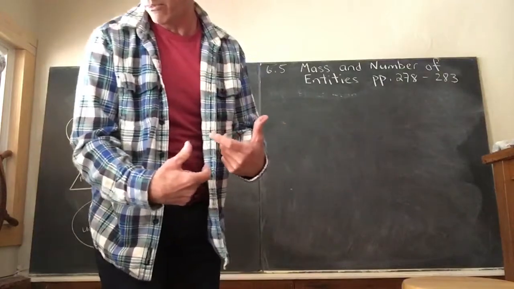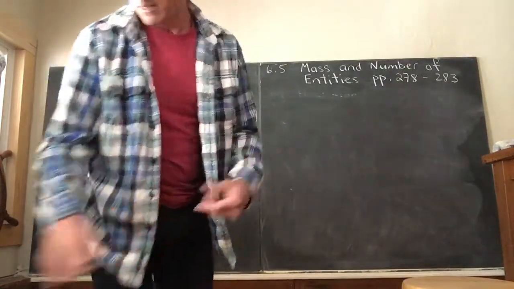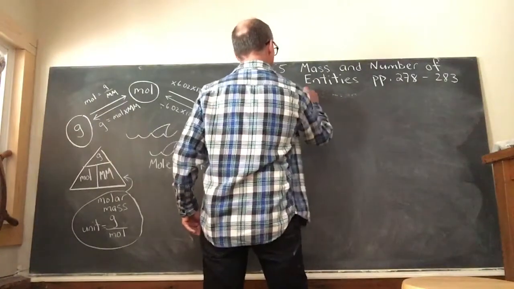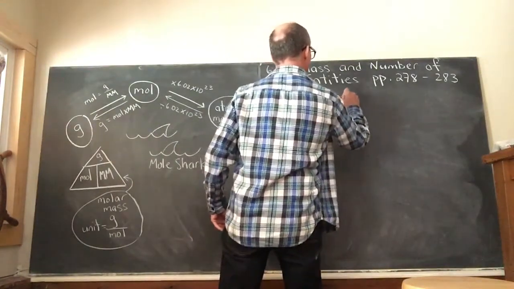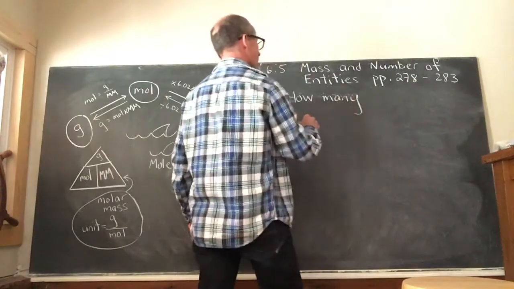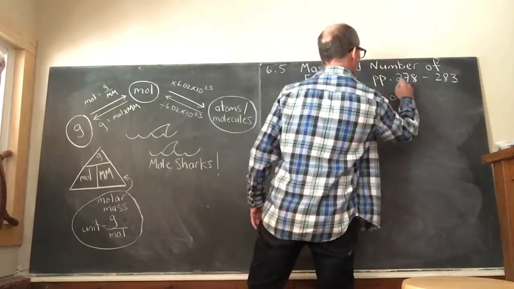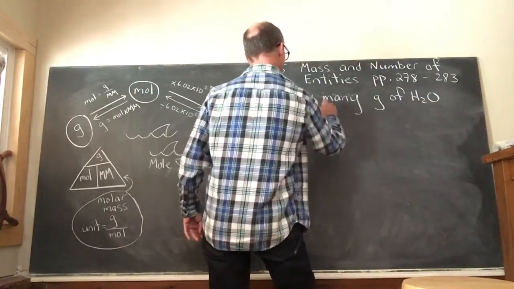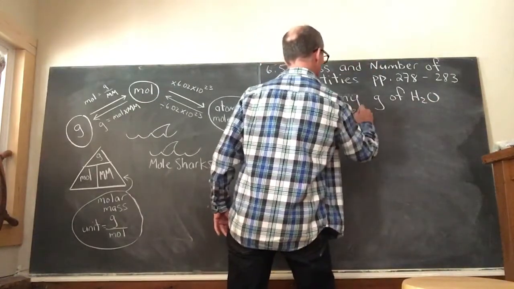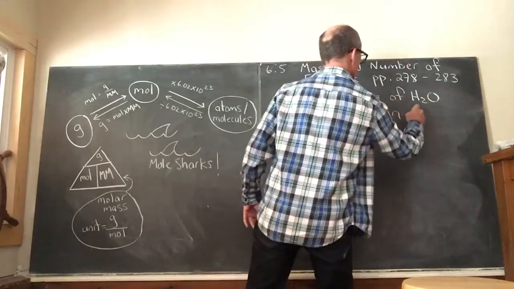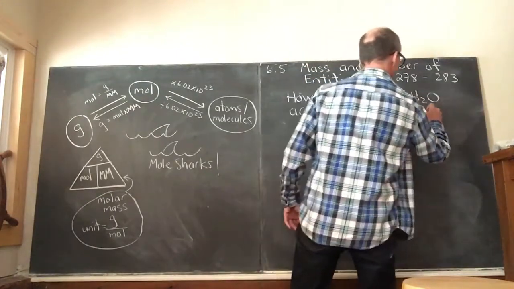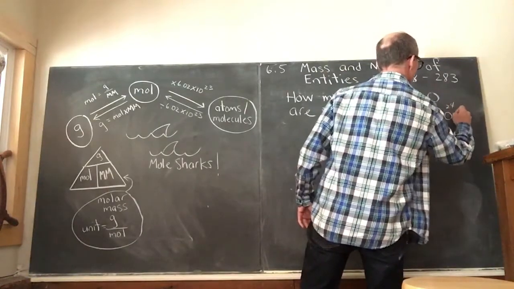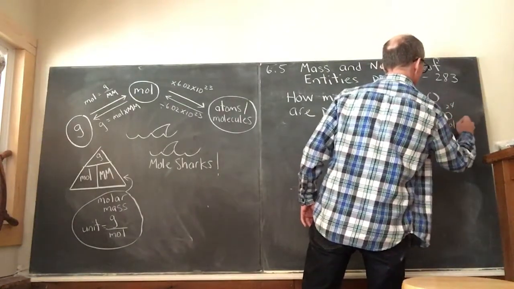So simply enough, let's suppose that I gave you, let's say we want to find out how many grams of water are present in 1.20 times 10 to the 24 molecules.